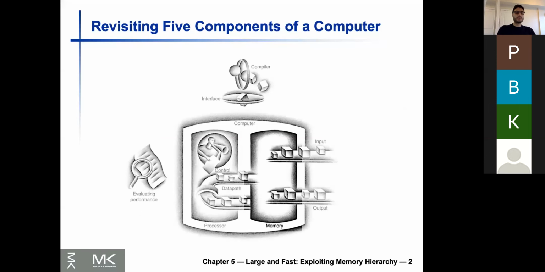Okay, so let's go back to the classic figure we started the course with, for which you can think about your computer, the processing system of a computer, as something that you input data through.